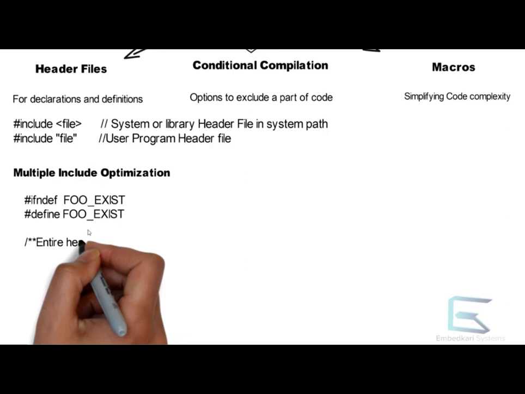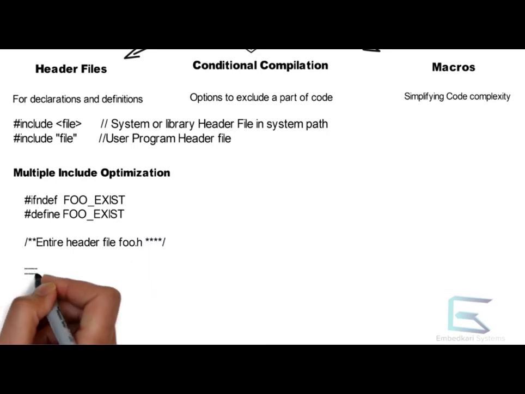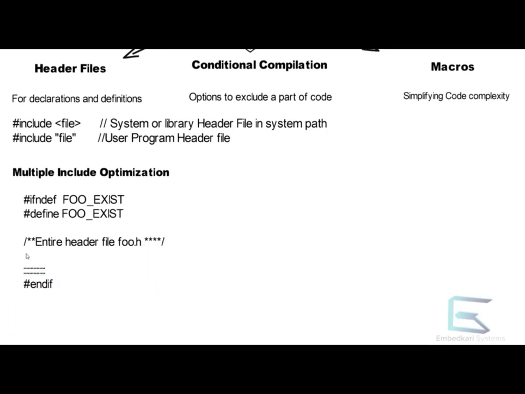To avoid that, this provision is done. So what is this provision? In the header file, what you need to do is write if not defined. And here this can be any user defined name, or maybe you can write the file name, whatever it is.